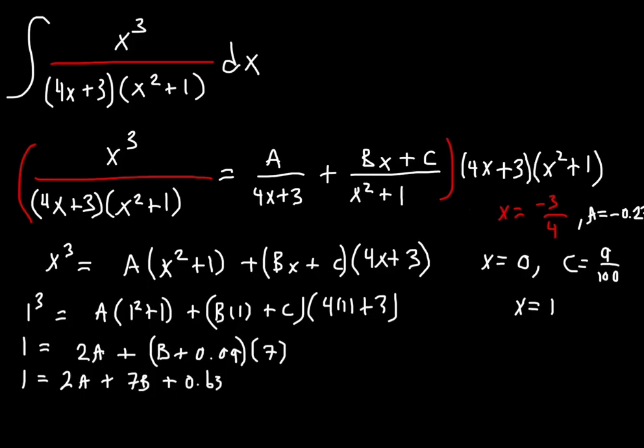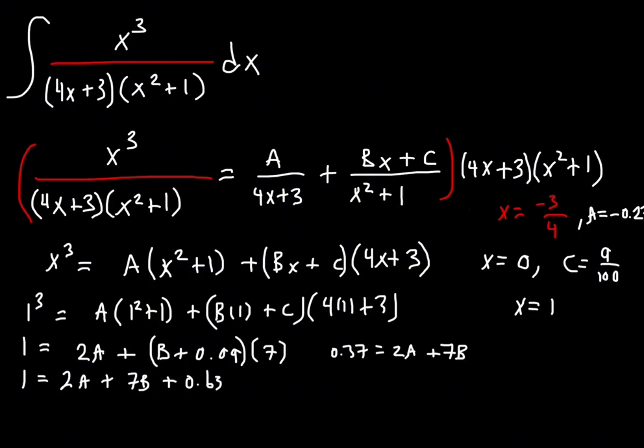I'm going to subtract 0.63 from both sides. So 1 minus 0.63, that's 0.37. So 0.37 equals 2a plus 7b.